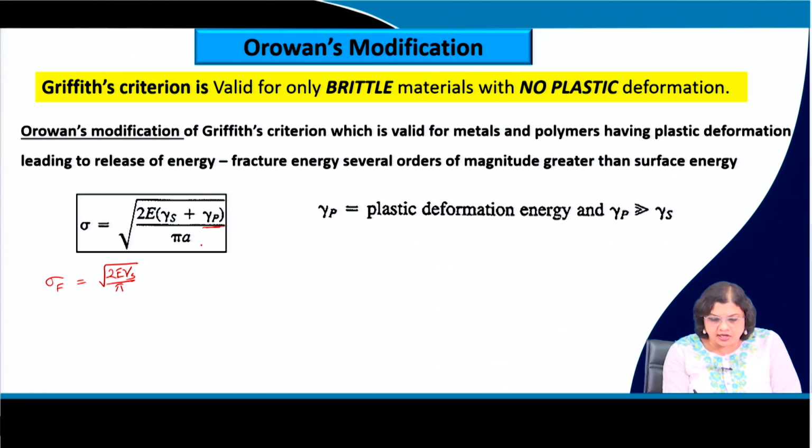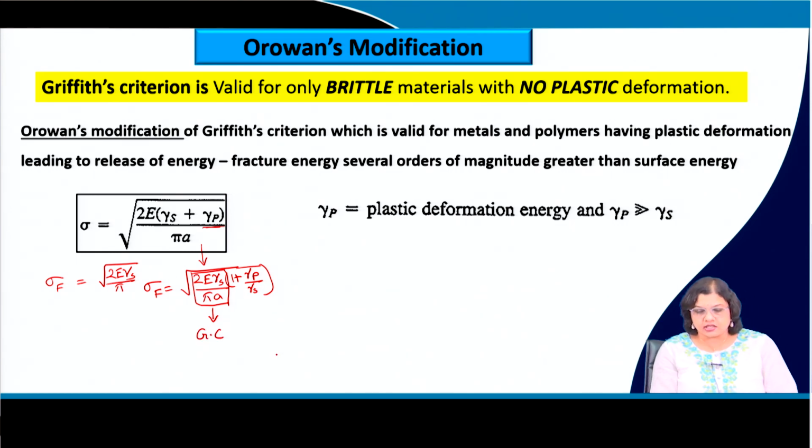If we rearrange this equation, it can be written as sigma f equals root over 2E gamma s by pi a, multiplied by root over 1 plus gamma p by gamma s. We write it this way just to make sure that the first part is nothing but the fracture strength required as per the Griffith criterion.